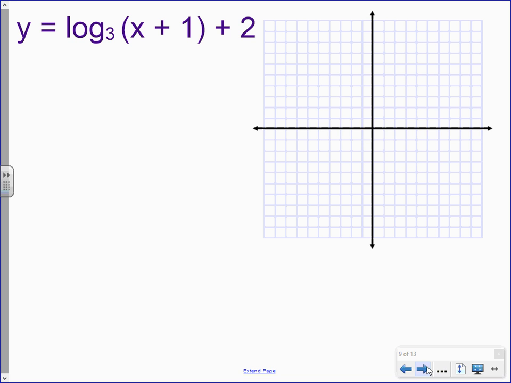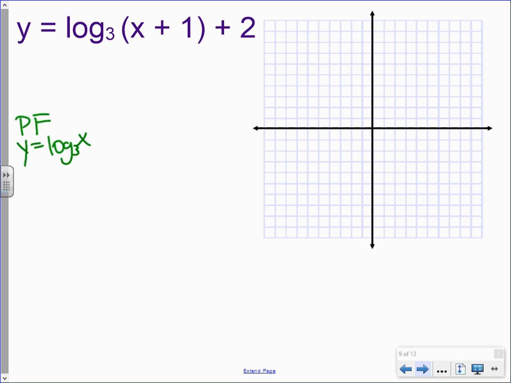So the first thing I need you to determine is the parent function. Since we have the base of 3, our parent function is log base 3 of x.